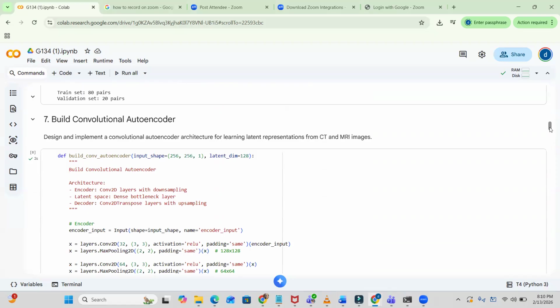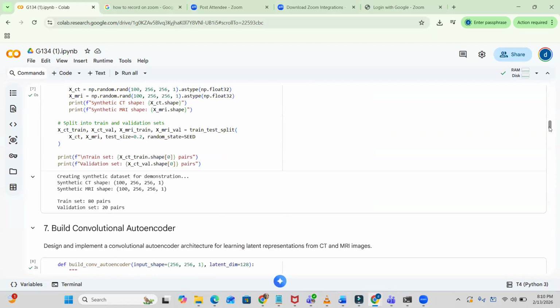I apply those independently because the noise characteristics are completely different between the two modalities. One measures X-rays, the other measures magnetic resonance. So this is a dual approach. The synchronized spatial transforms with independent intensity augmentation is what enables the cross-modal consistency detection to work properly.